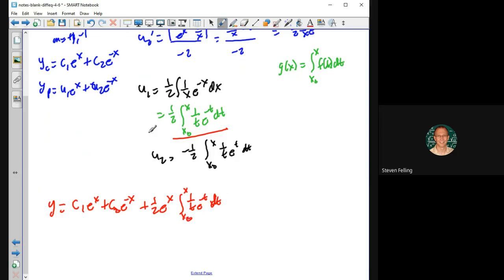And then we've got our u2, so that's minus 1/2 e to the negative x, and then this integral from x0 to x of 1 over t e to the positive t dt.